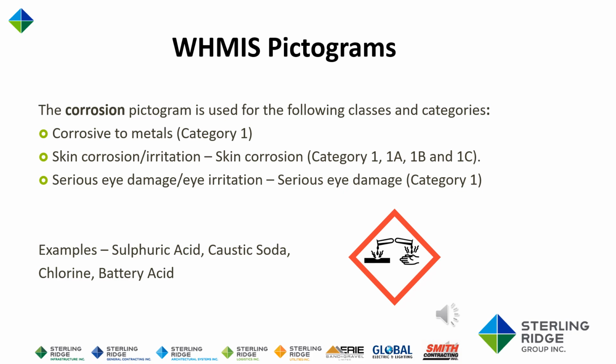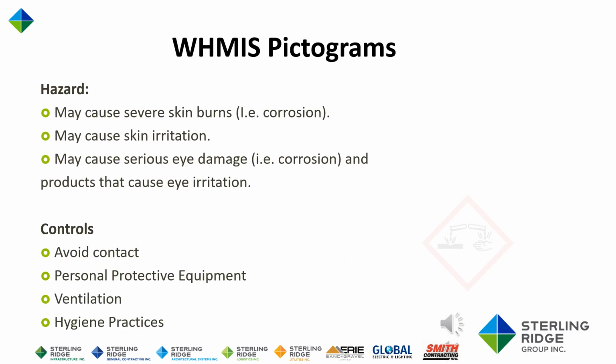Examples: sulfuric acid, caustic soda, chlorine, battery acid. Hazard: may cause severe skin burns. May cause skin irritation, may cause serious eye damage, and products that cause eye irritation. Controls: avoid contact, personal protective equipment, ventilation, hygiene practices.